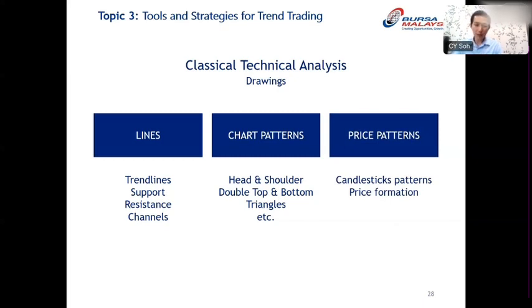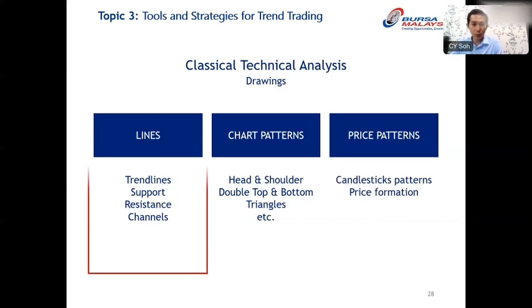Now today we are going to look at the first one, which is lines, because lines is the most basic and the most foundation one. Once you're able to draw a line that is accurate and valid, this is where your interpretation by using classical technical analysis would be more accurate.